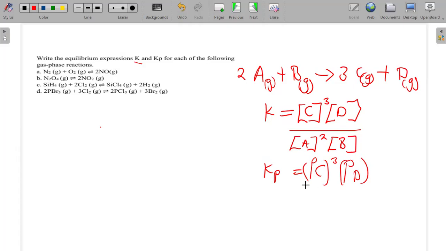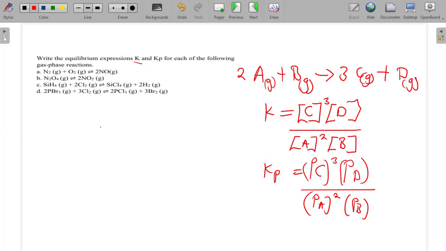Divided by the pressure for A, we power it with its coefficient, which is 2, multiplied by the pressure for B, powered to its coefficient, which is 1. So this is the Kp expression.